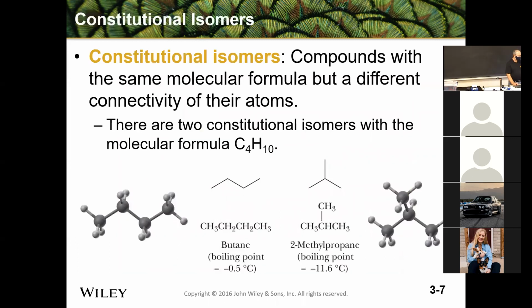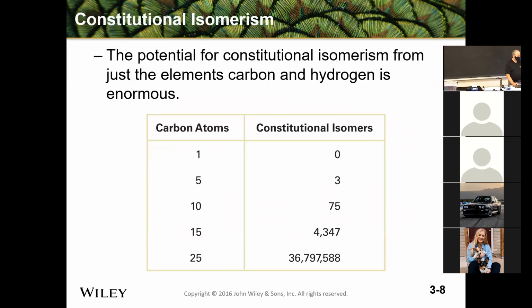These are the straight chain alkanes. As the number of carbons goes up, the number of possible constitutional isomers increases significantly, and that's a reason for needing a systematic way of naming organic compounds, such as alkanes.